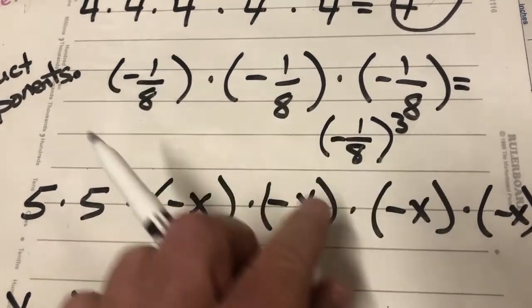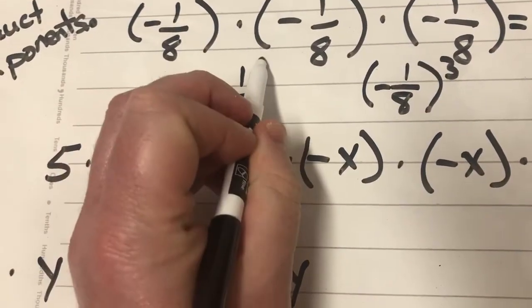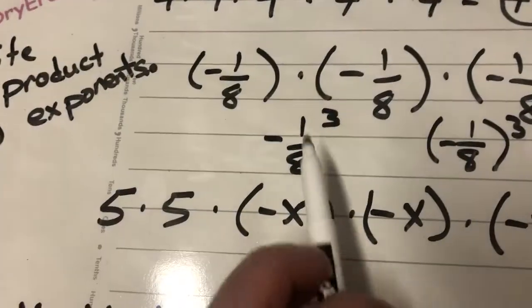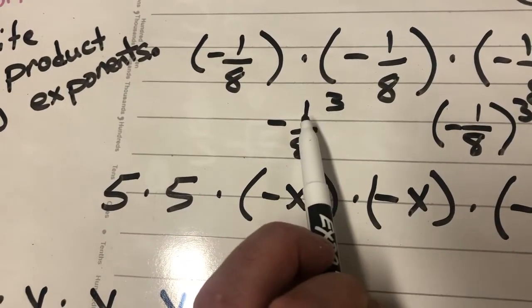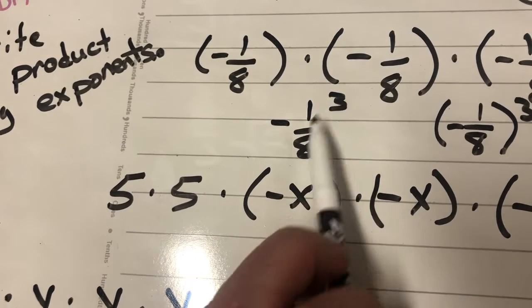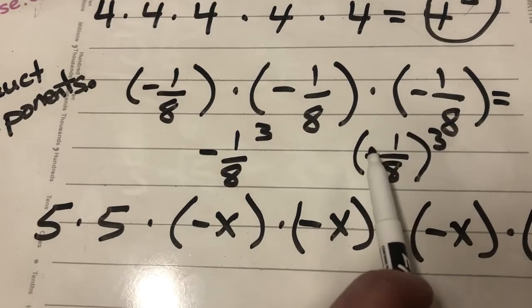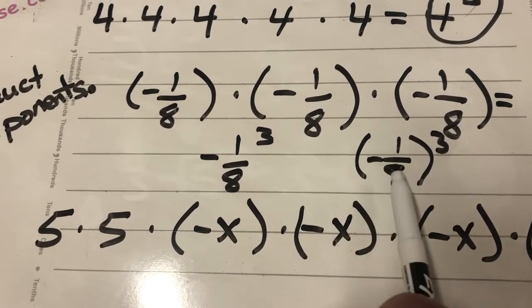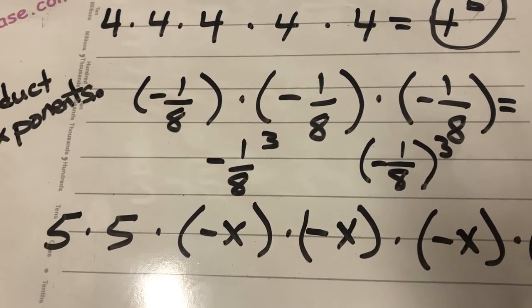First of all, if I did not have the parentheses and I wrote it like this, it causes a couple of issues. Number one, some people might think, well, it's just the 1 that's to the power of 3, not the whole thing. So one of the reasons for parentheses is that then whoever is looking at it can understand that it's the entire fraction, 1/8, that is to the power of 3.